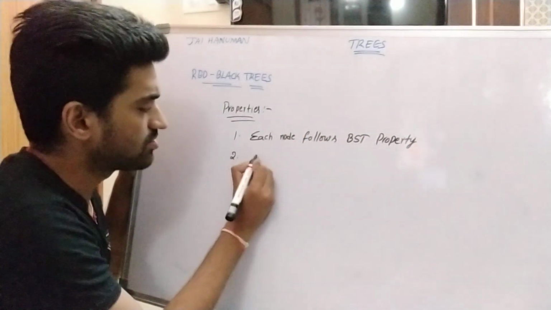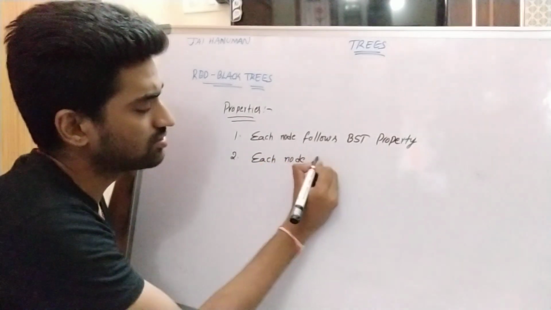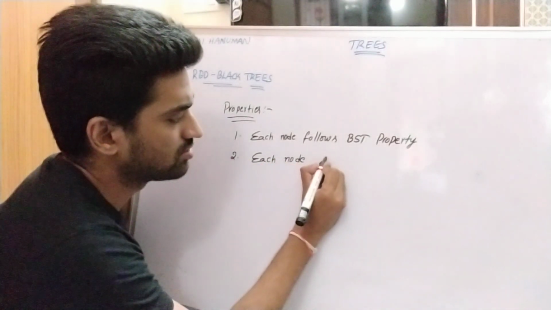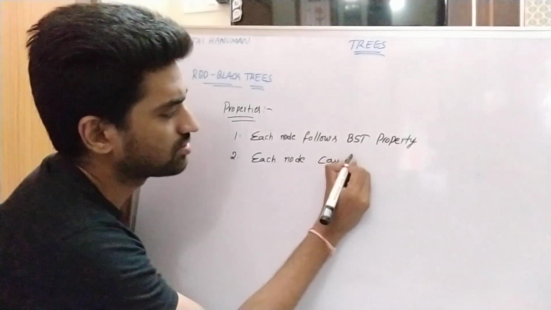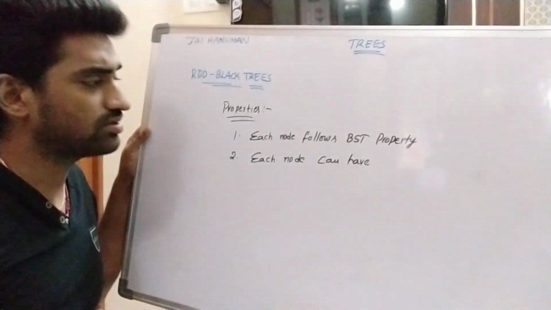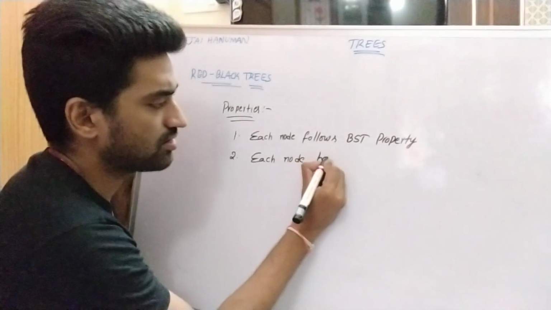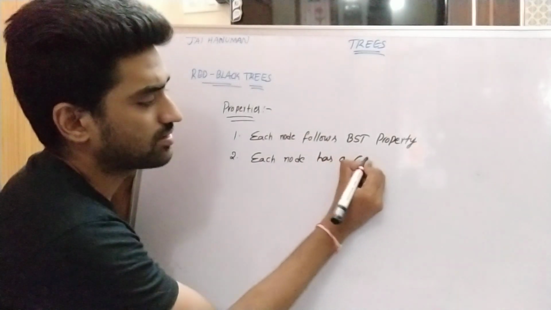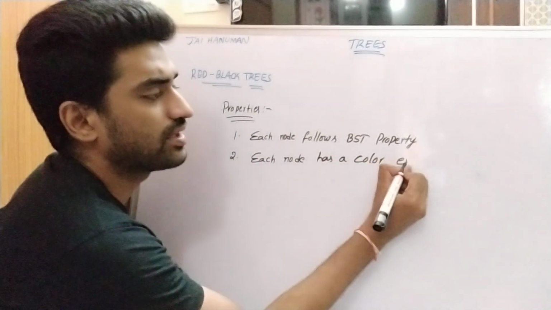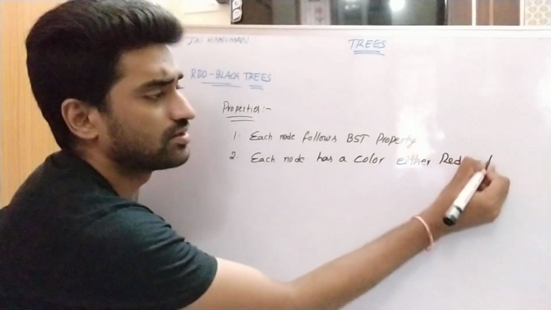The second property: each node has a color, either red or black.